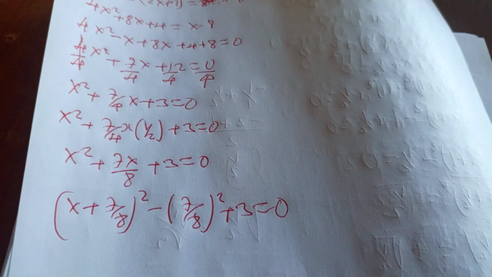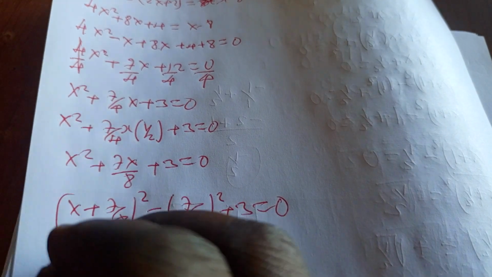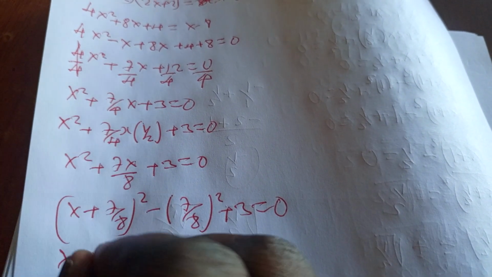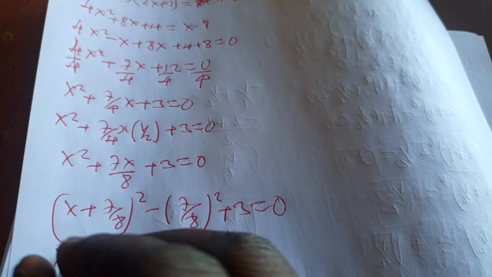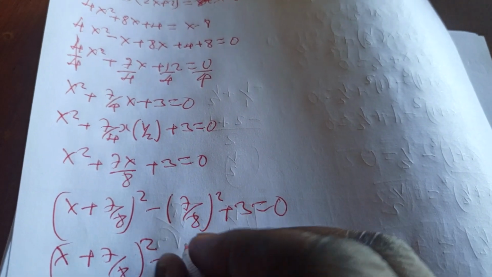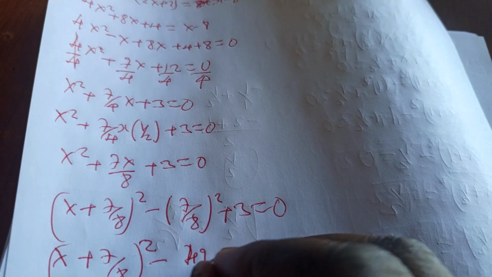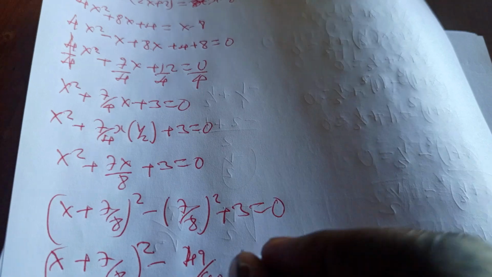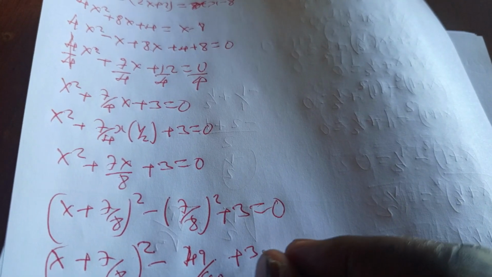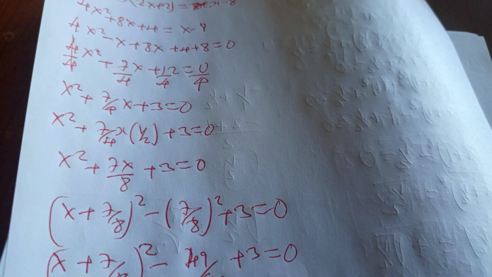Then I will simplify this expression: (x + 7/8)^2 minus, 7 times 7 is 49, 8 times 8 is 64, plus 3 is equal to 0.